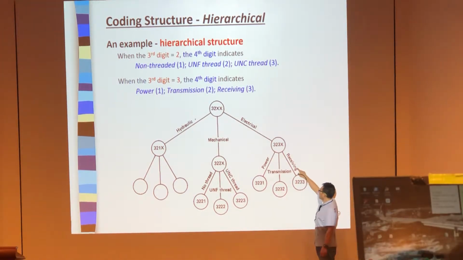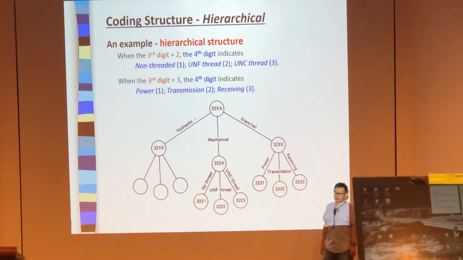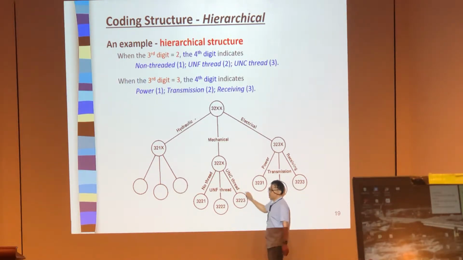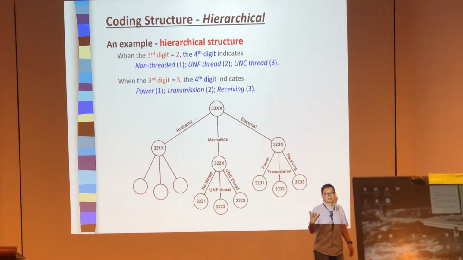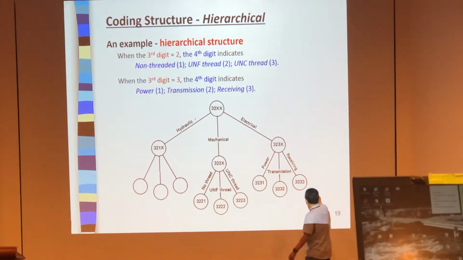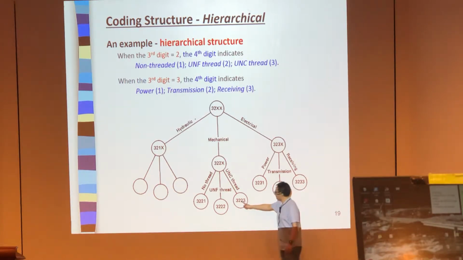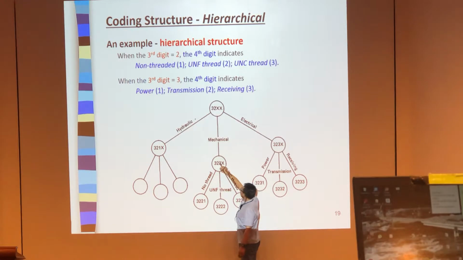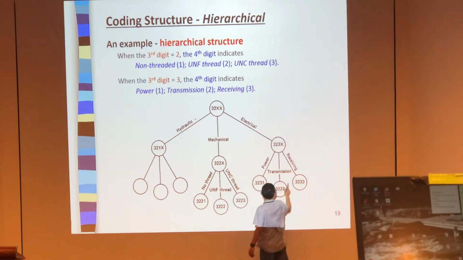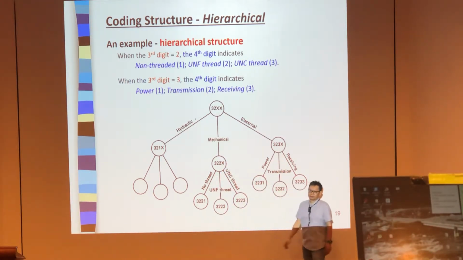Here, it means receiving, like an antenna, an electronic device. And this one represents UNC thread, which is a mechanical part. It has thread, UNC type. The reason is its preceding digit: this one is 3, and the other is 2. 2 means it's mechanical type, 3 means it's electrical.